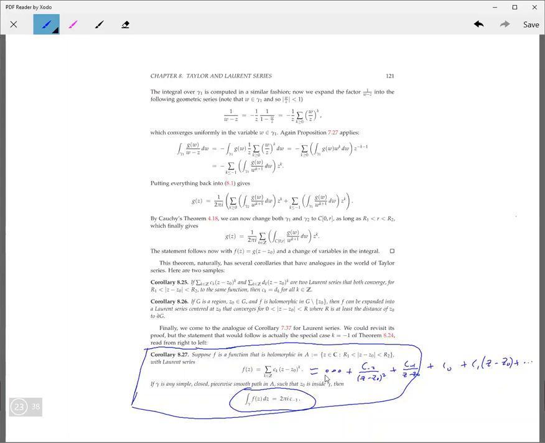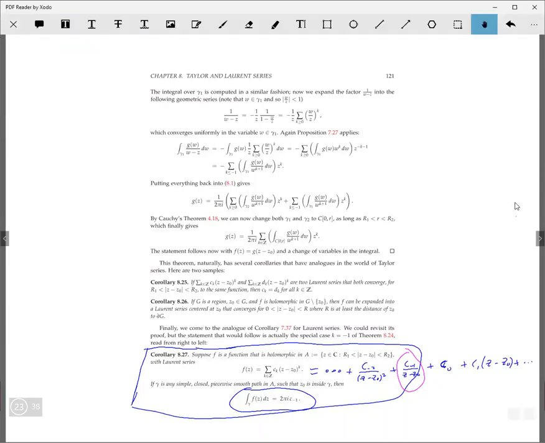It goes infinitely that way and that way, potentially. This theorem says that the only relevant one is the c minus 1 term, the one over z minus z naught.